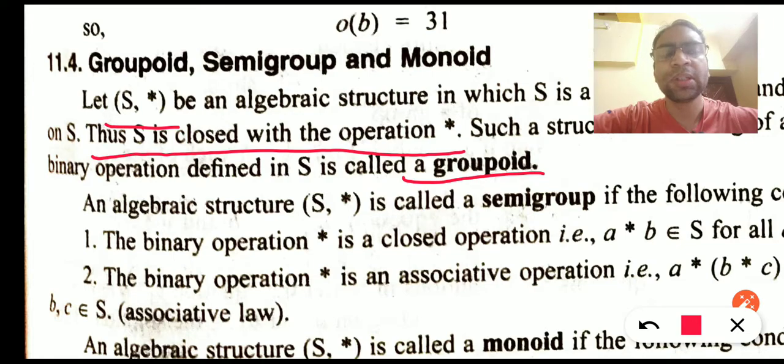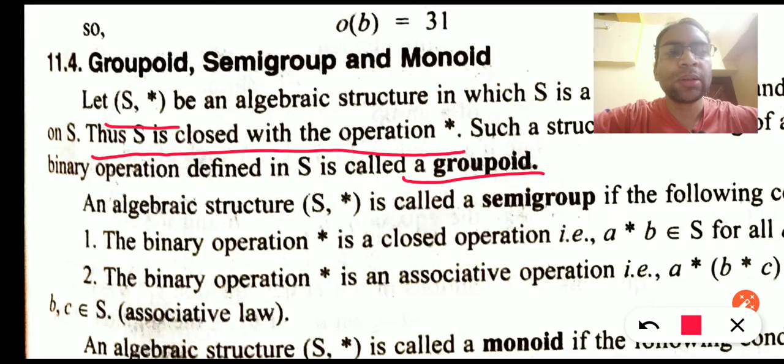That means it will lie in the set. For example, if we take 1 and 2, the two elements, and apply the operation plus onto them, 1 plus 2 will give you 3. 3 also stands in the positive integer set. So in this way, this will be a groupoid.